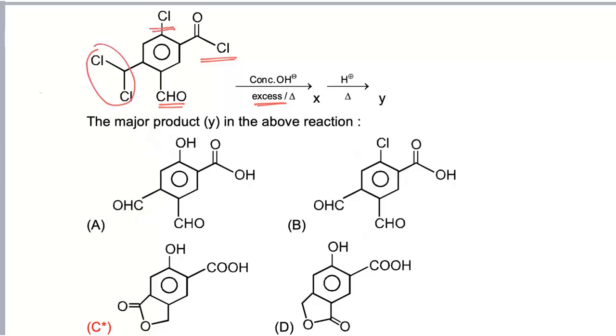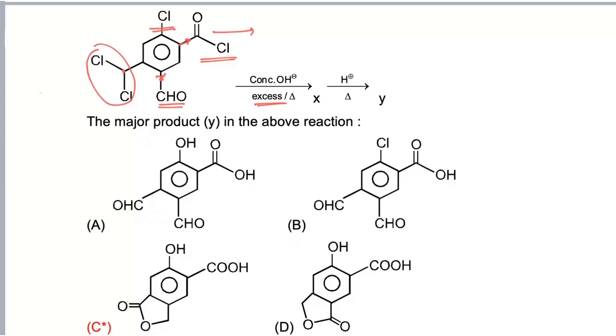Now on reacting with concentrated OH negative, this acid chloride will be converted to acid, the gem dihalide will be converted to aldehyde, and the chloro group will be removed because two electron withdrawing groups are present at ortho and para position.